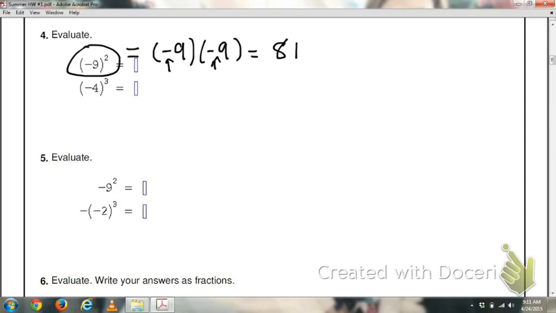On the other hand, in this problem, I have -4 to the third. That just means I'm multiplying -4 times -4 times -4, 3 times, right? I have 3 negative factors.